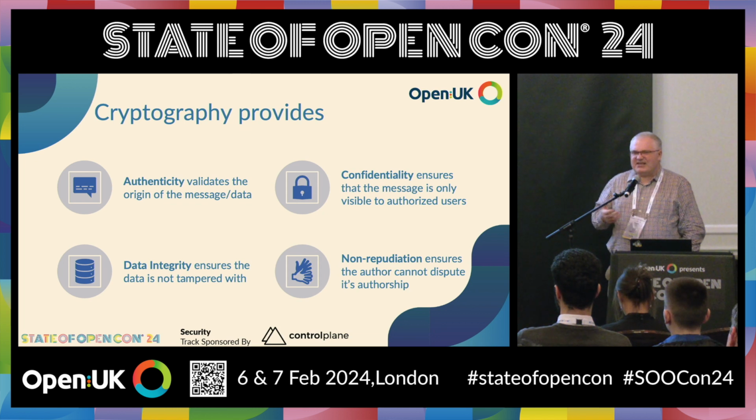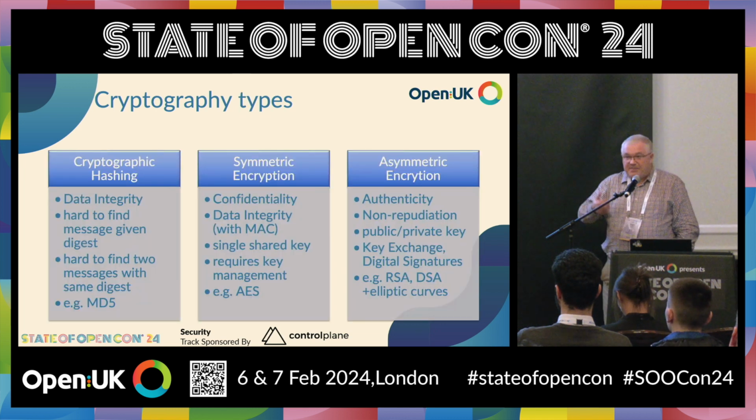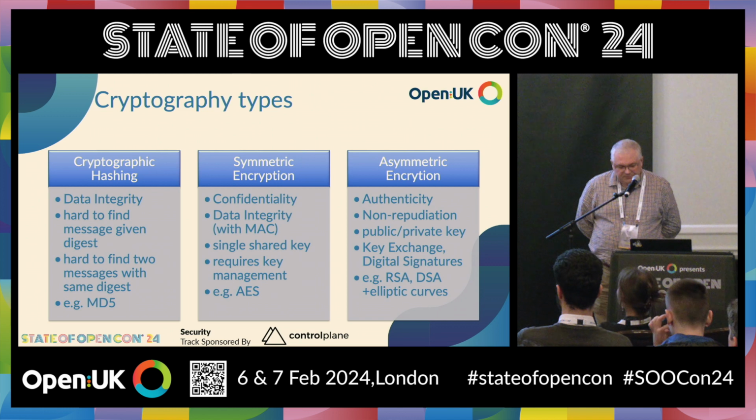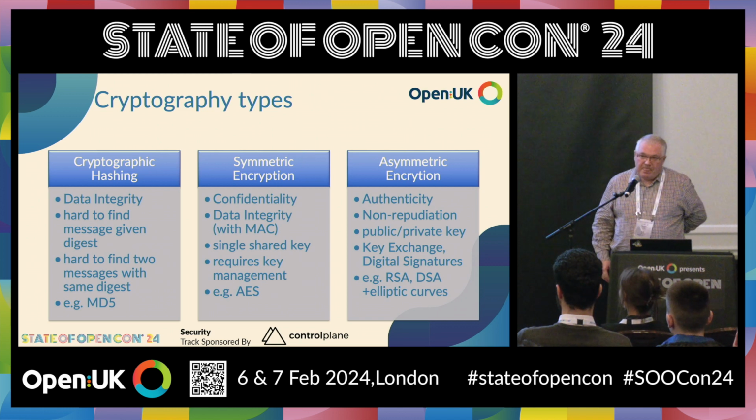They can't say, well, actually, we didn't send that message. So non-repudiation is an important characteristic too. And of course, all of our business that we do these days depends on those characteristics to make our business, our personal lives work.